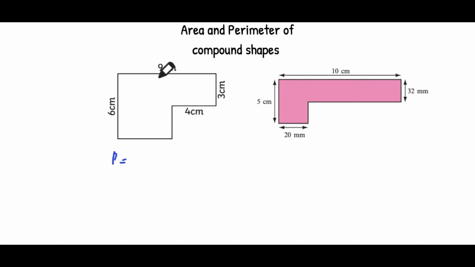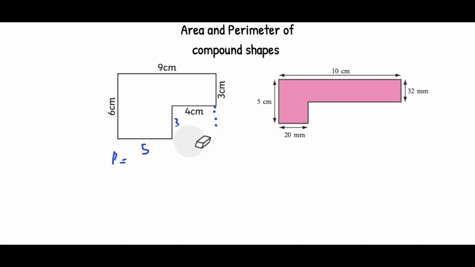We know that this side is 9, and if we were to draw an imaginary piece here to join this, so for instance, if this was a normal rectangle, that means that this side will also be 9. So 9 minus 4, that means that is 5, all right? The same is true on the opposite side. If this side is 6 and this side is 3, it means that the missing piece is 3, okay?